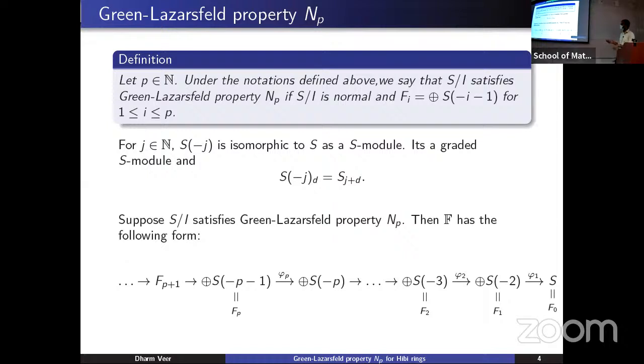Now let's try to understand it for some smaller values of p. For p equals 1, S mod I should be normal, that condition is always there. So we should have the shift of -2 here.